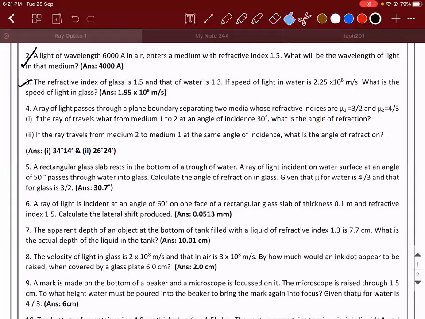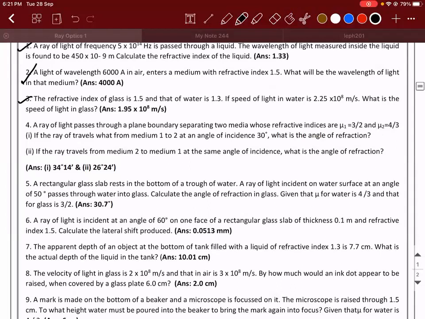So what is given in the question? Refractive index of glass is 1.5. Refractive index of water is 1.3. If the speed of light in water is 2.25, then what is the speed of light in glass? How to do this?